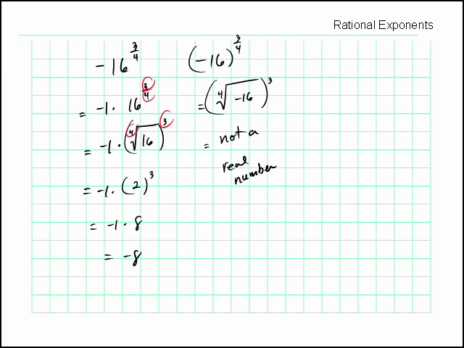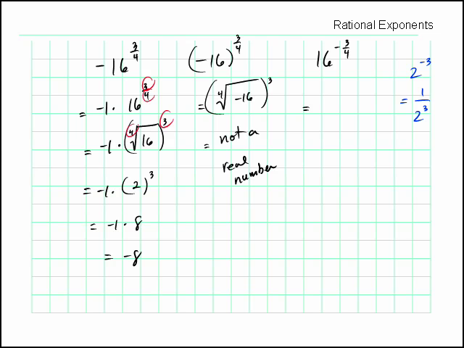Okay. What about 16 to the negative 3/4? Well, we have to recall what a negative exponent is. If you remember, if I have, for instance, 2 to the negative 3, to make that exponent positive, I use the reciprocal. This is 1 over 2 to the positive 3.